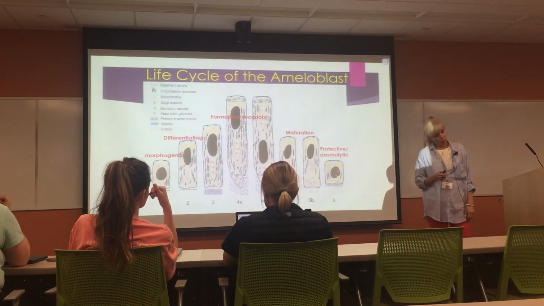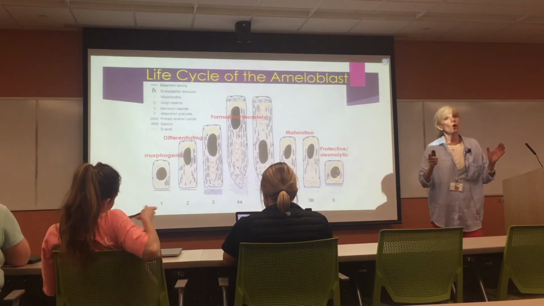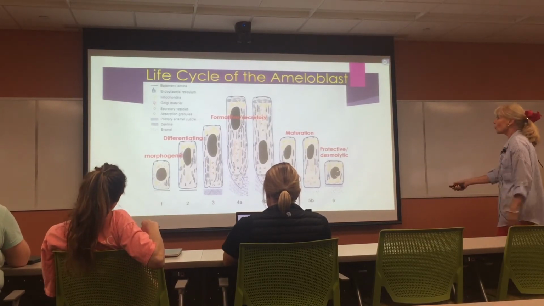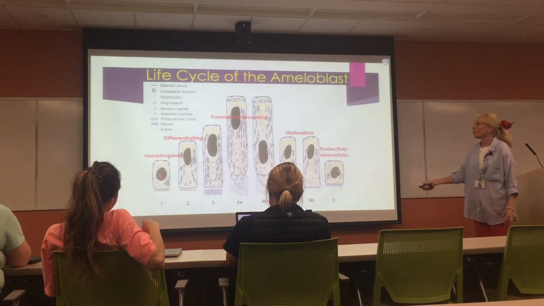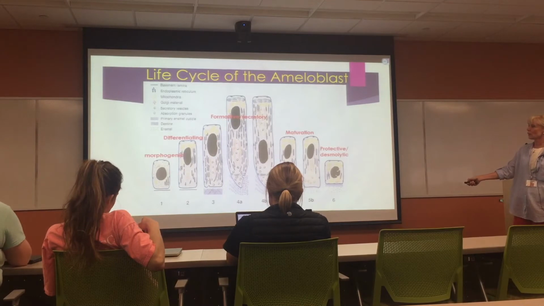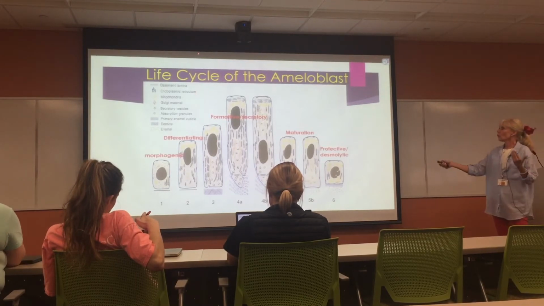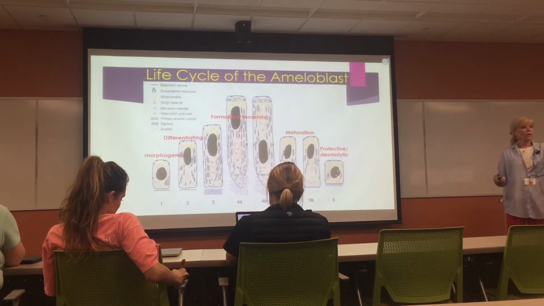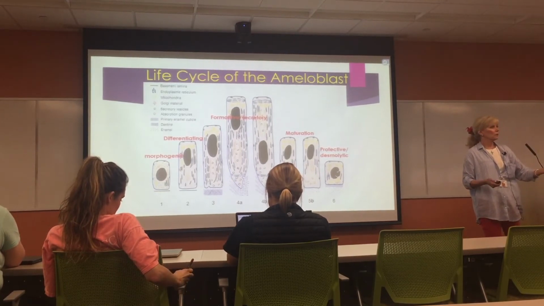Okay, this is important. You need to know our little ameloblast history. So we start out with almost just cuboidal cells that start differentiating, remember? And then when we start that secretory phase, what does it develop?